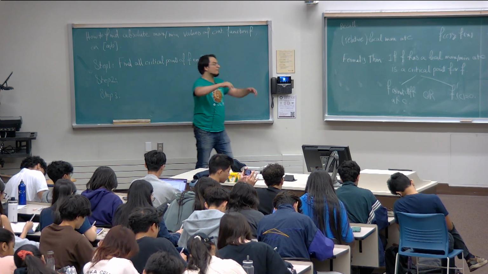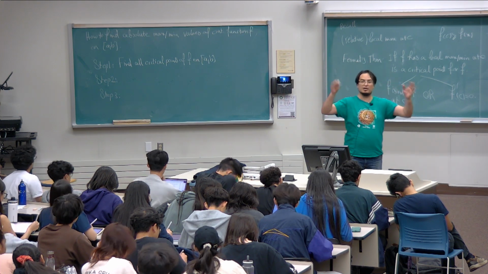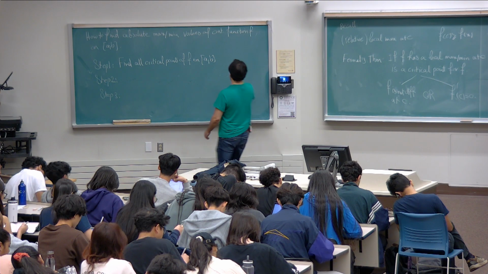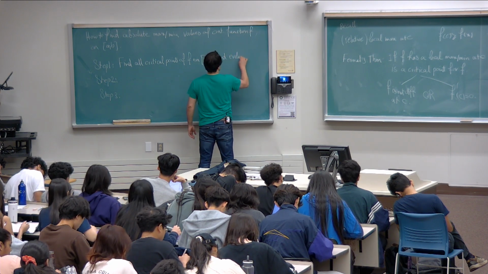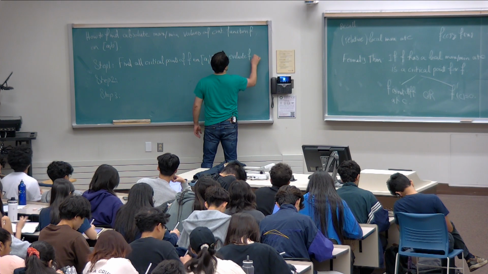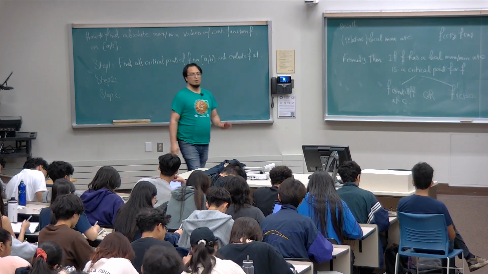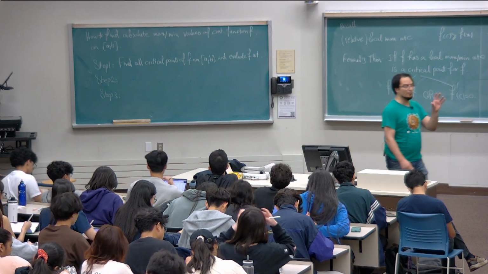It may have other critical points. I'm going to throw them all out if they are not in that interval, and evaluate f at those points. First, we have to check critical points.